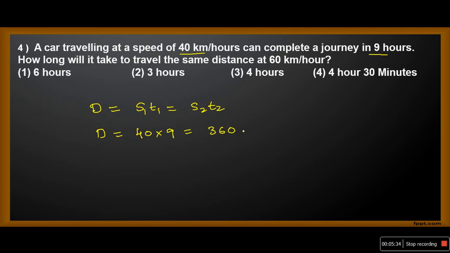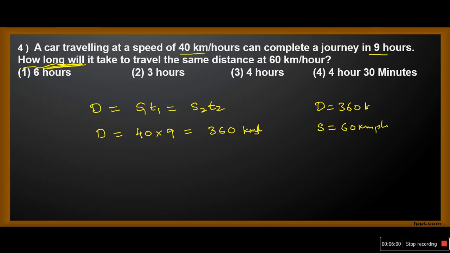Now this is in kilometers. Okay, kilometer. Now what is the question asking us to find? He's asking us to find the time. How long will it take? How long means time. It take to travel the same distance at 60 km per hour. Now the distance is 360. Speed is equivalent to 60 kmph.